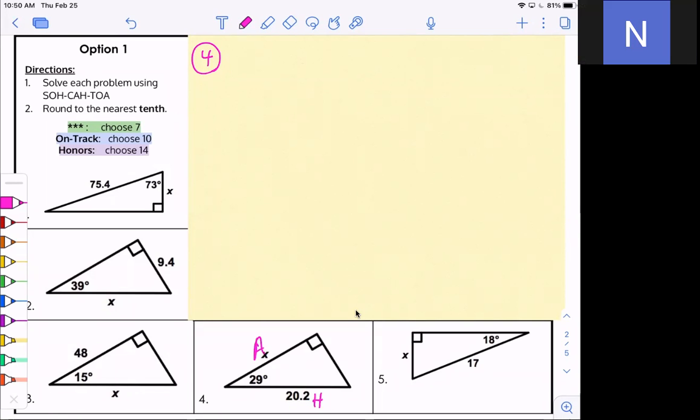And then 29 is my theta. All right, awesome. So what equation did you write? I put cosine 29 equals x over 20.2. Perfect.